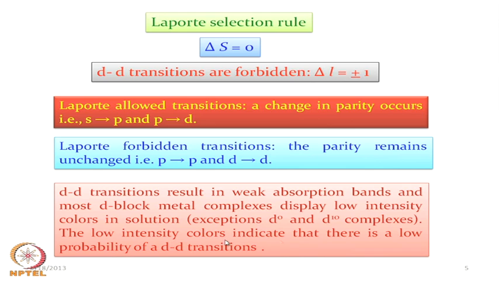The low intensity colors indicate a low probability of a d-d transition. That means the probability of transition is very small, we get a very low value of epsilon max, and the transition moment integral is also very small.